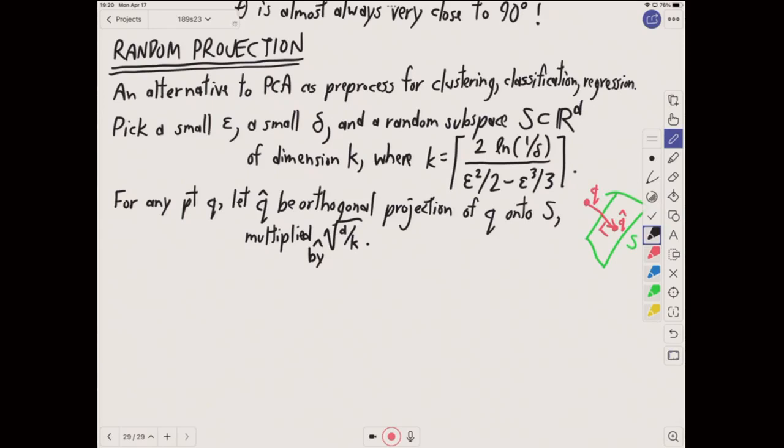And when you're projecting from a high dimensional space to a low dimensional space, you're throwing out a bunch of dimensions. So you need to scale up the dimensions that survive so that the sum of squares of those dimensions is approximately the same.